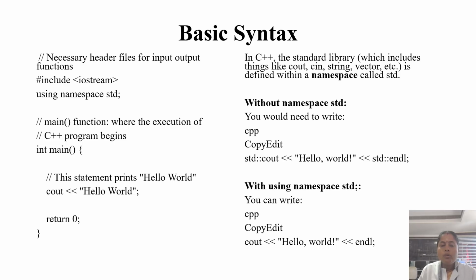Here we are using the line using namespace std. Without it, we would have to put std double colon before every cin and cout. To avoid that, we use the line using namespace std.